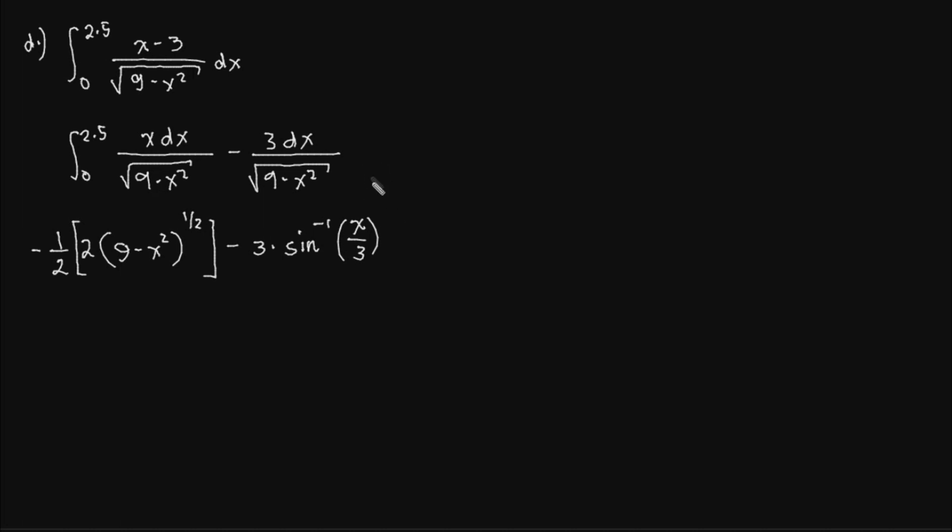So if I try to differentiate this, gagawin ko dyan is we have 1 over the square root of 1 minus x squared over 9 kasi that is the square of x over 3, and then the derivative of x over 3 would be 1/3.